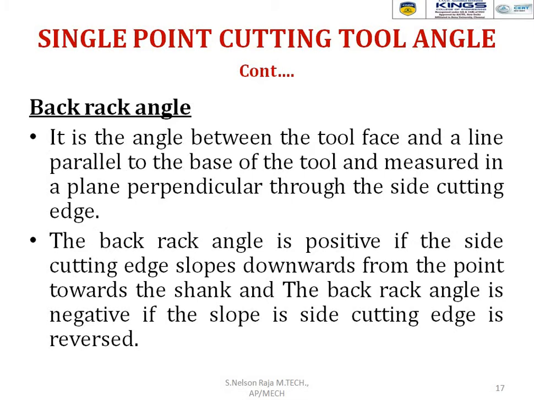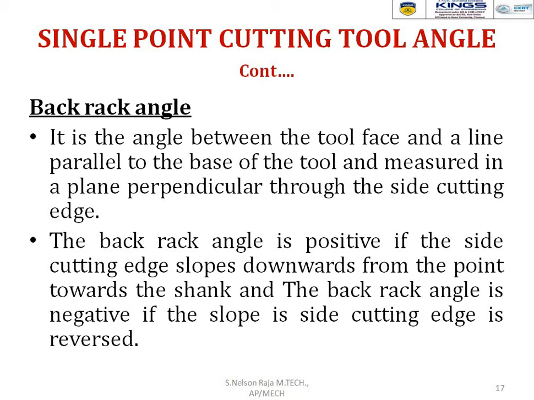And the fifth one, back rake angle. It is the angle between the tool face and the line parallel to the base of the tool, measured in a plane perpendicular through the side cutting edge. The back rake angle is positive if the side cutting edge slopes downwards from the point towards the shank, and the back rake angle is negative if the slope of the side cutting edge is reversed.